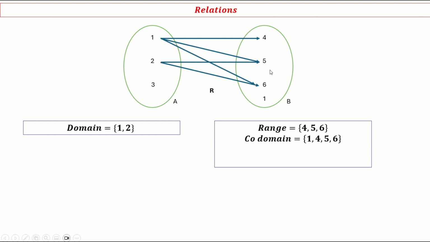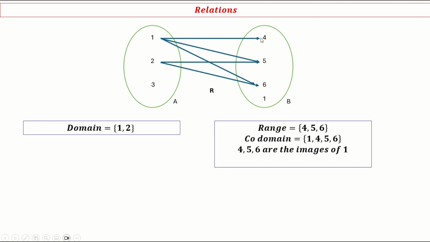You also call this relation represented by R. So you can say that 1 R 4, 1 is related to 4, 1 R 5, 1 is related to 5, like that. 4, 5, 6 are the images of 1.